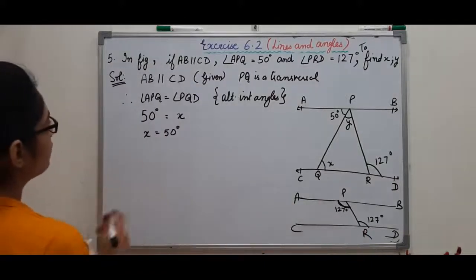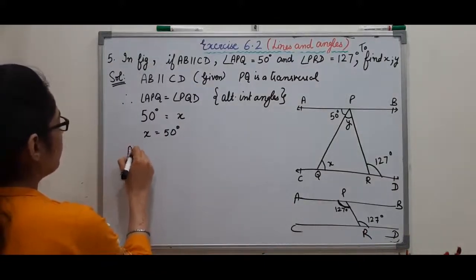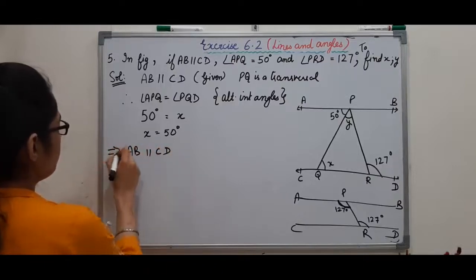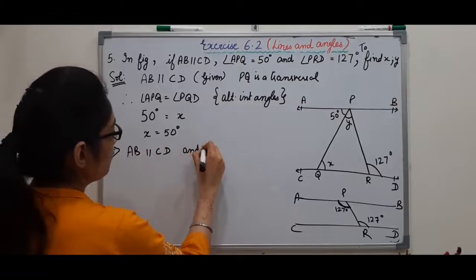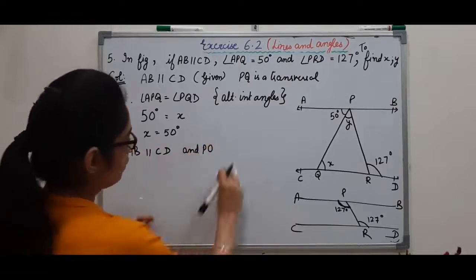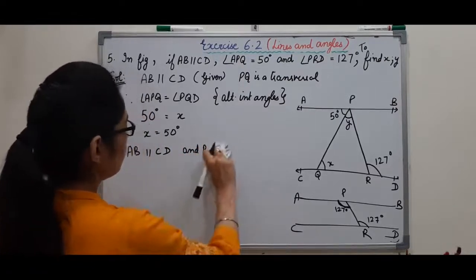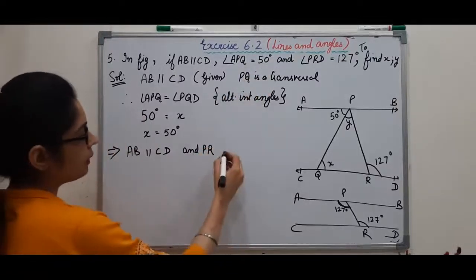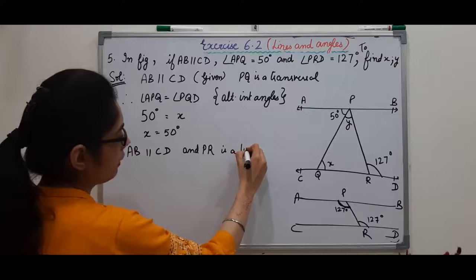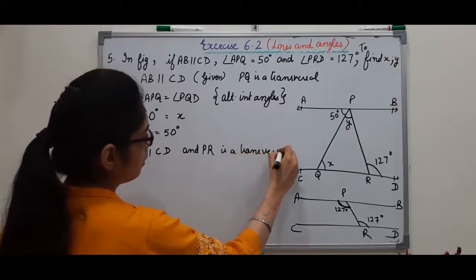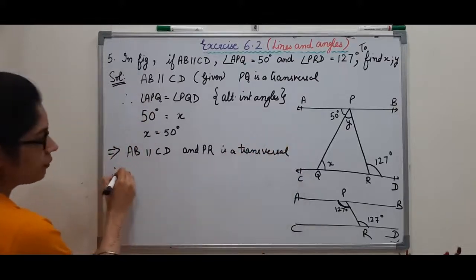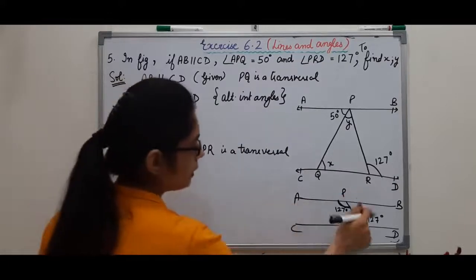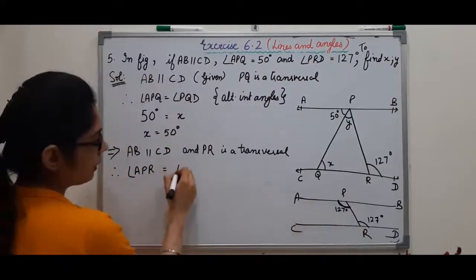So let's write it down. Now again we'll write AB is parallel to CD and PR is a transversal. We are not taking PQ. PQ we took in the previous case. Now PR transversal we are taking. PR is a transversal. Therefore angle APR is equal to angle PRD.